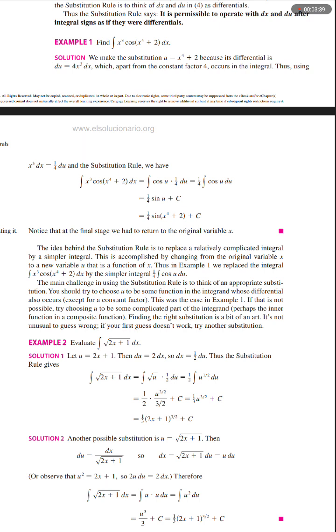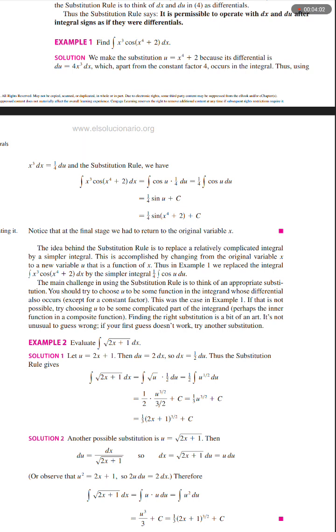Thus, in example 1, we replaced the integral of x cubed cosine of x to the fourth plus 2 dx by the simpler integral 1/4 the integral of cosine u du.